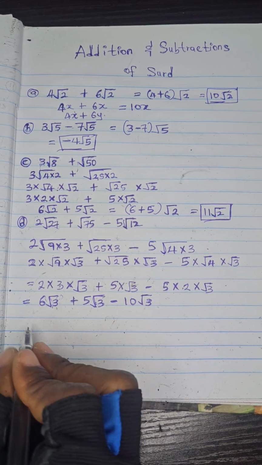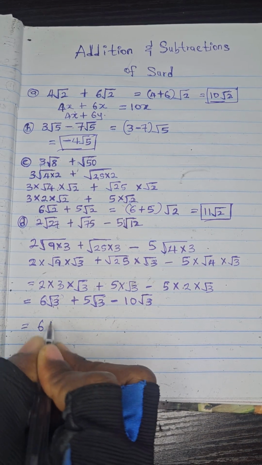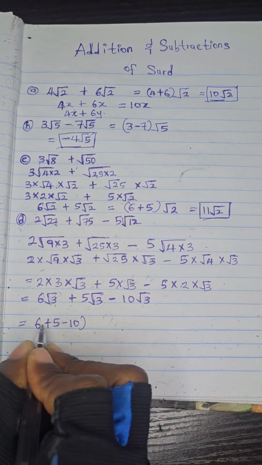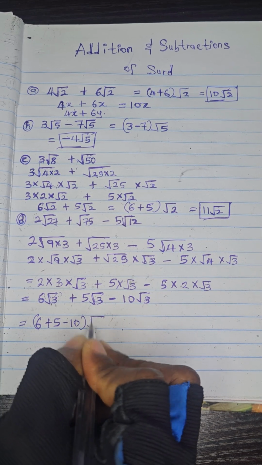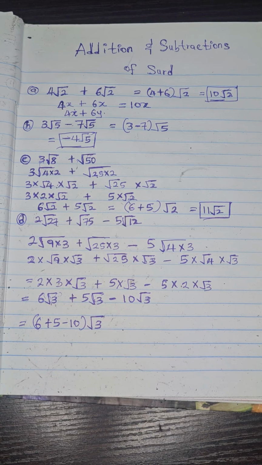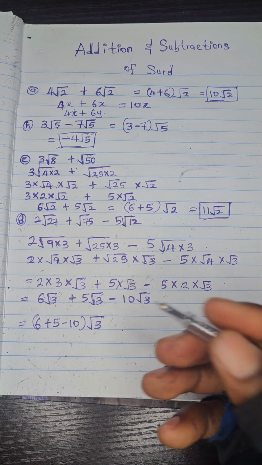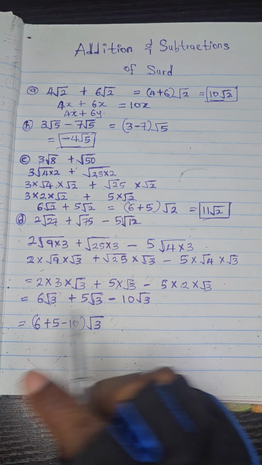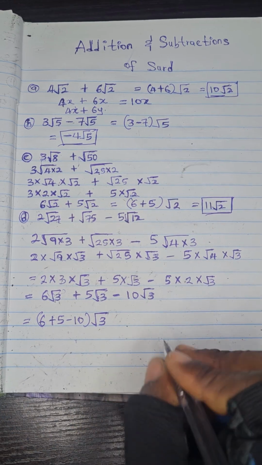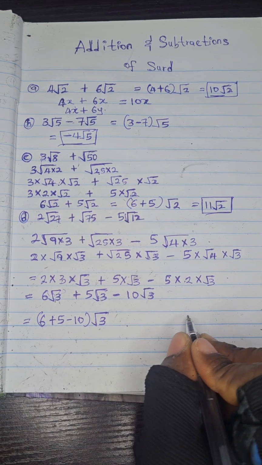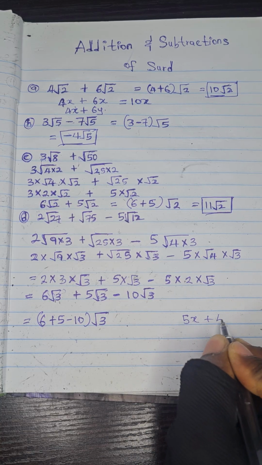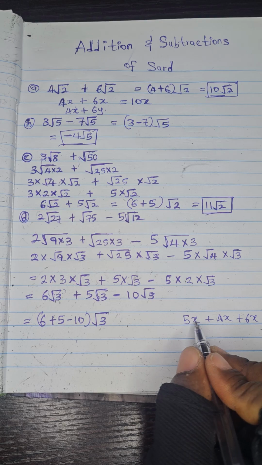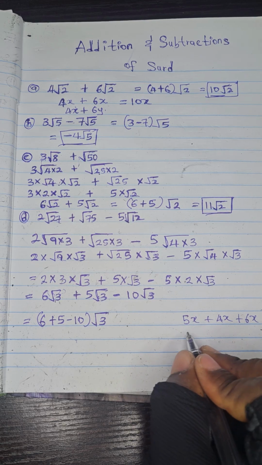So this will be equal to 6 plus 5 minus 10, in parentheses, root 3. This is just like a case where we have something like 5x plus 4x plus 6x, and you are told to take out the common factor, which is x.